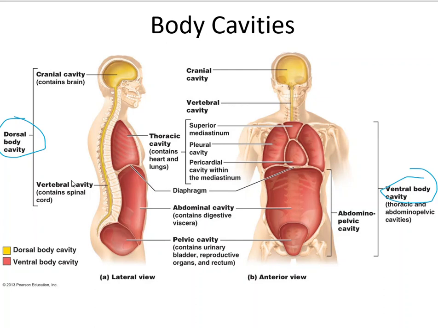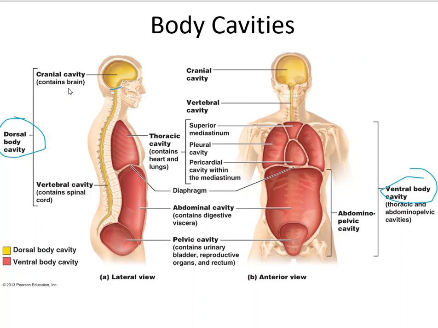Brain and the spinal cord. These things are subdivided. There is a cranial cavity, and the cranial cavity only has the brain. There is a vertebral cavity, and it only contains the spine.